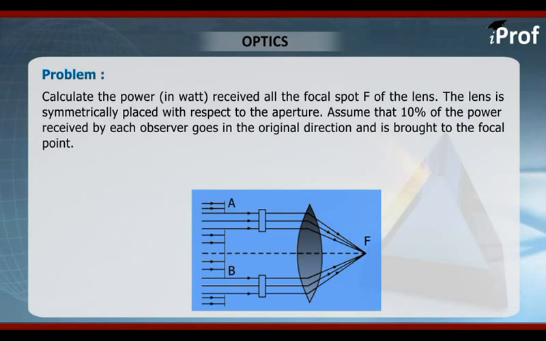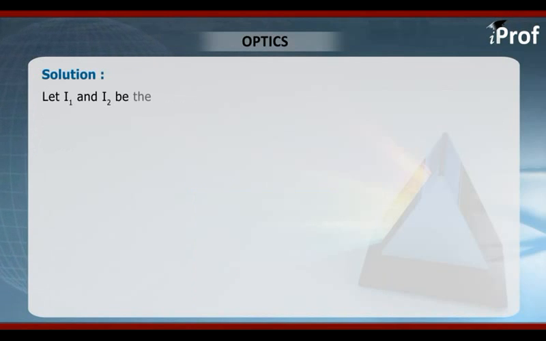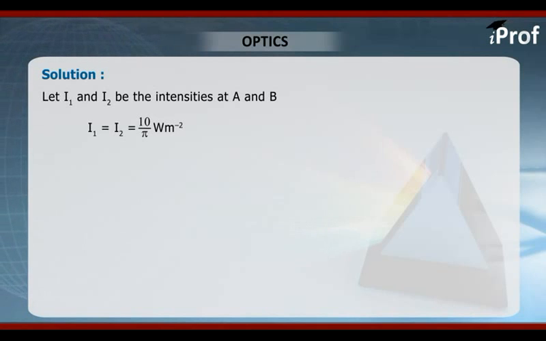It involves some analysis. Now let us make calculations for intensities at apertures A and B. Now we know that intensity is nothing but energy flowing per second per unit area normally. Here we are given the values of intensities, that is I1 is equal to I2 is equal to 10 over pi watt per square meter.